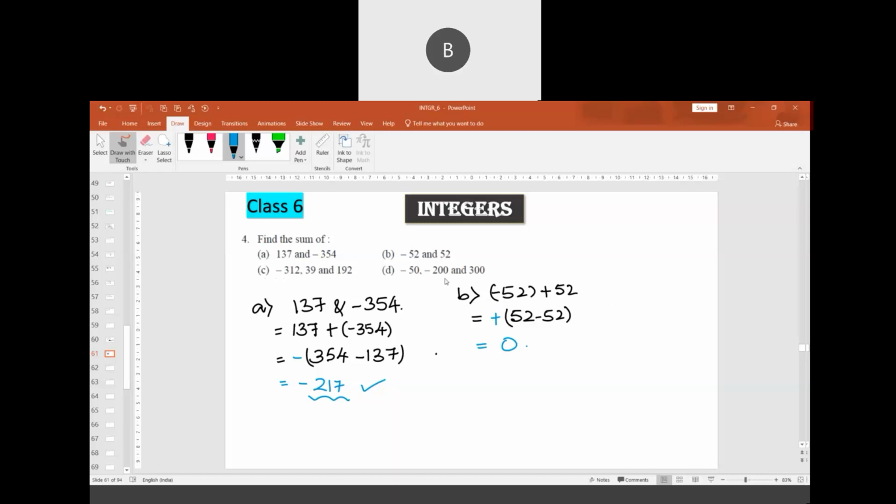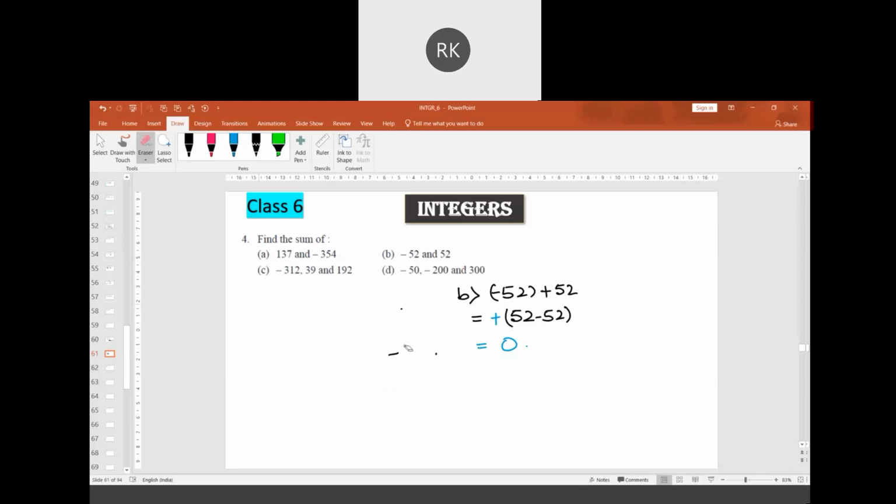In the third and fourth question, there are three integers. When three integers are there, how are we going to do it? First we will add the same sign and then we will take the difference of the sign. We have to add all the three, but when like integers are there, that we are going to solve first.